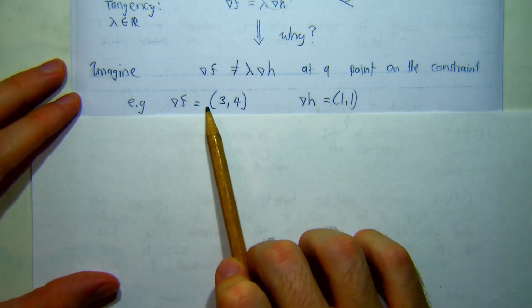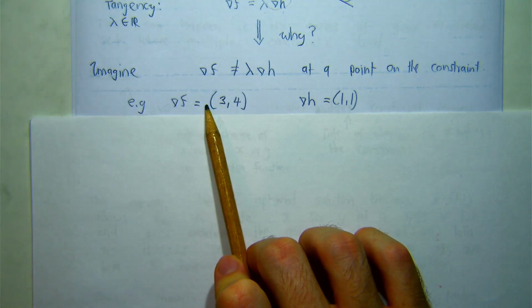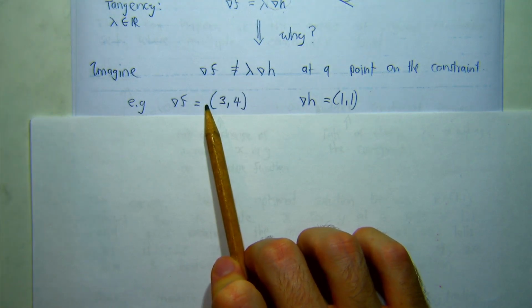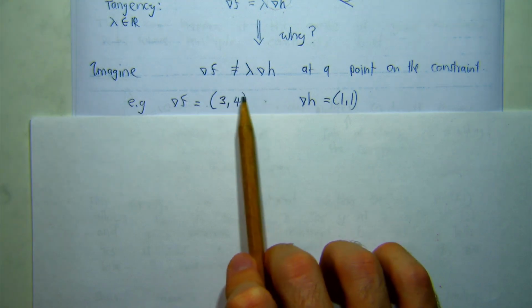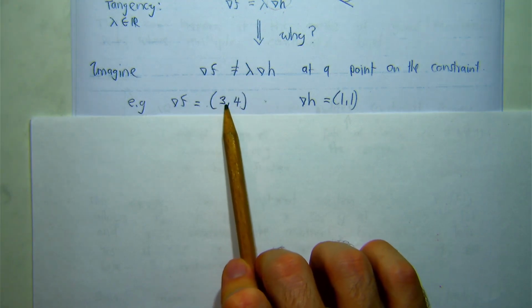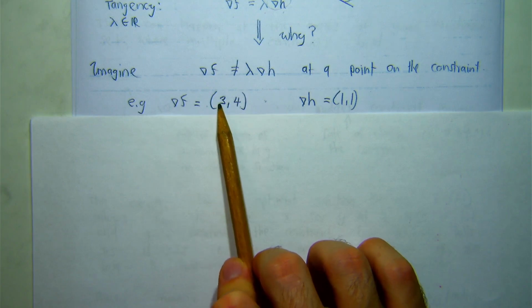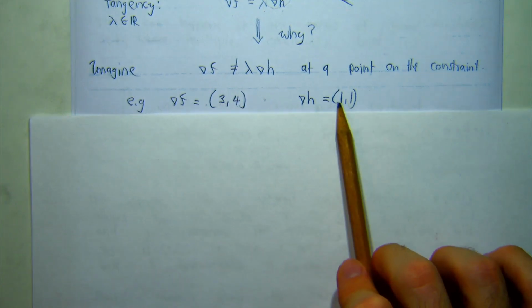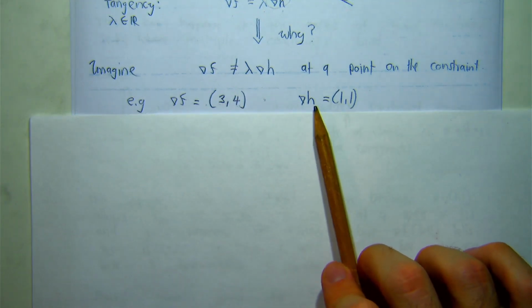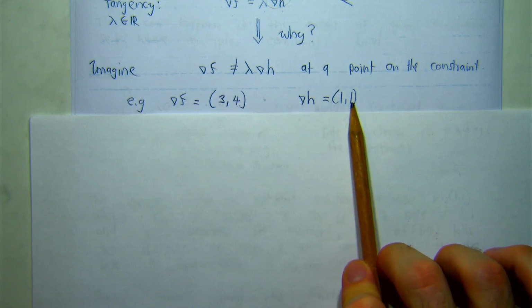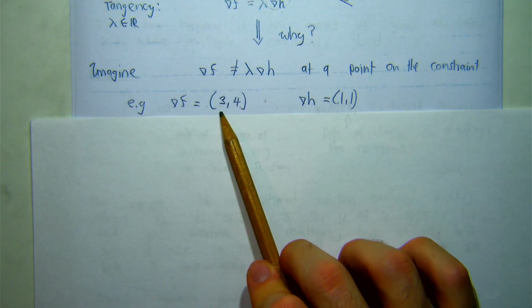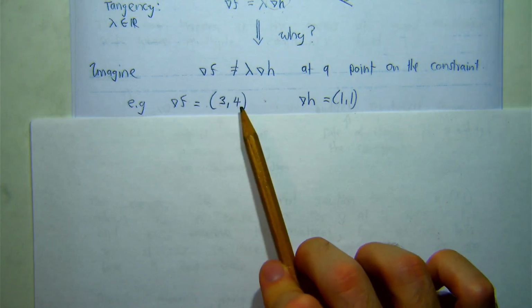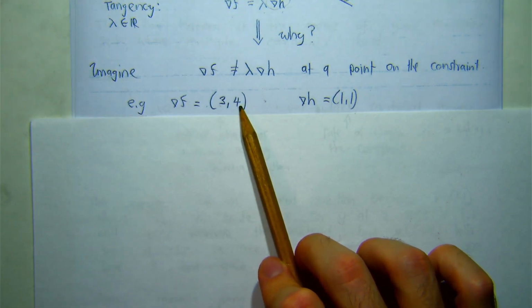So what that is telling us is that at this supposed optimal solution, it's not, but we're looking at this as a potential, the derivatives of the objective function with respect to x and y are 3 and 4, and then the derivatives of your constraint function are equal to 1 and 1. So I think the objective function is pretty obvious. That means if you increase x by 1 unit, your objective function goes up by 3. If you increase y by 1 unit, your objective function goes up by 4.